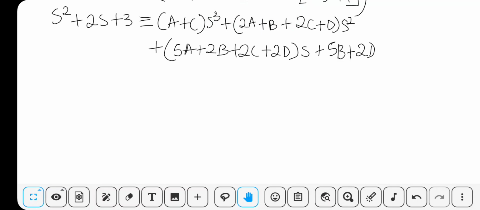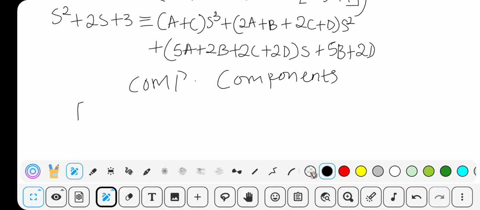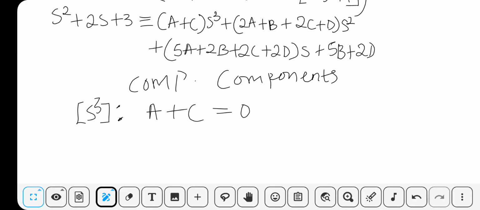And now comparing components on both sides, we have this for the s cubed components: a plus c is equal to 0.